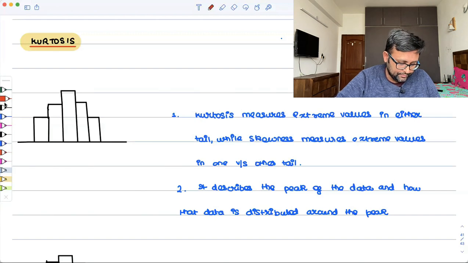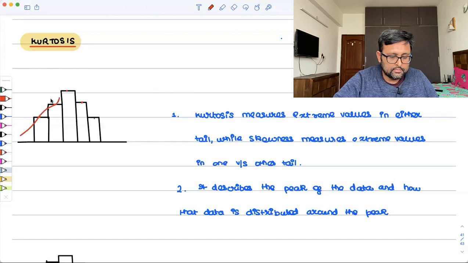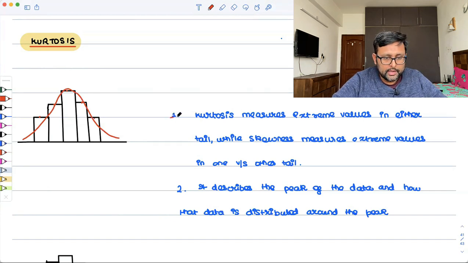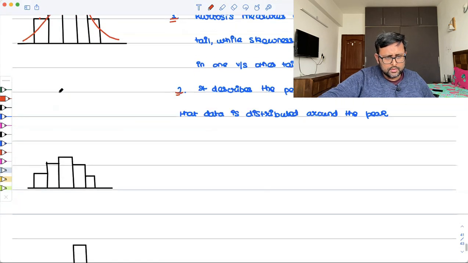One thing is that, right? If you look at this, if you make a graph like this, here the peak is coming here.